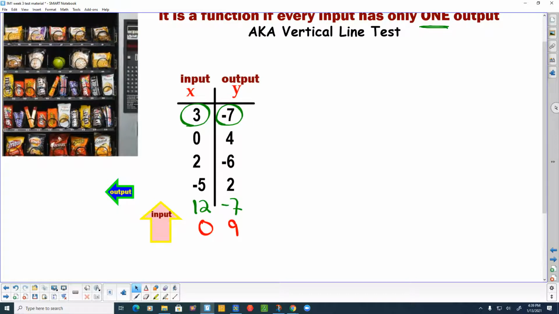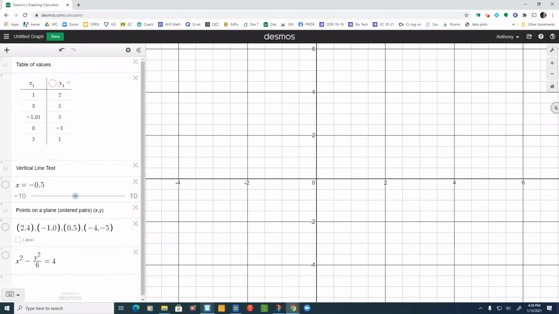Okay, I want to show you what it looks like on Desmos. Here's our table of values. On the left, I got a bunch of dots. The vertical line test says if I draw a vertical line and hit more than one dot, it's not a function. Is there anywhere that I can draw this vertical line and hit more than one dot?